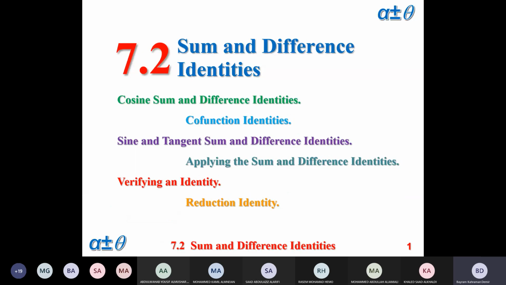All right, so cosine, sine, and tangent formulas for sum and differences of angles. Sum and difference of angles.